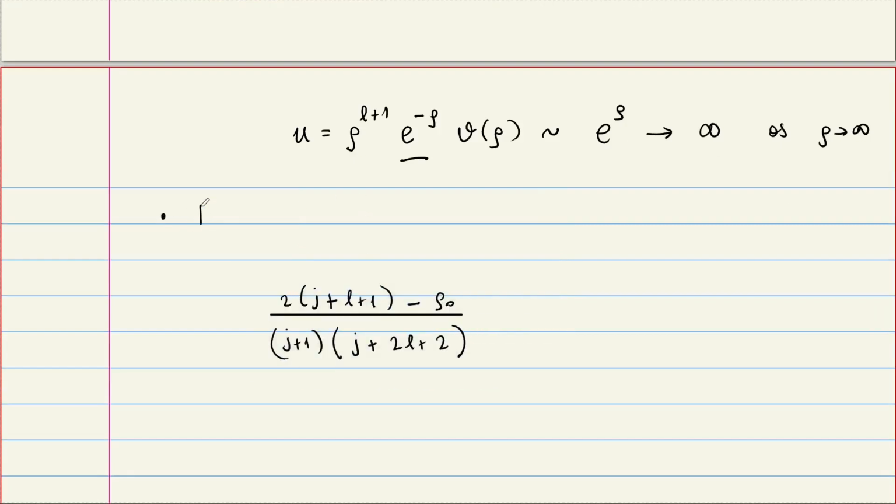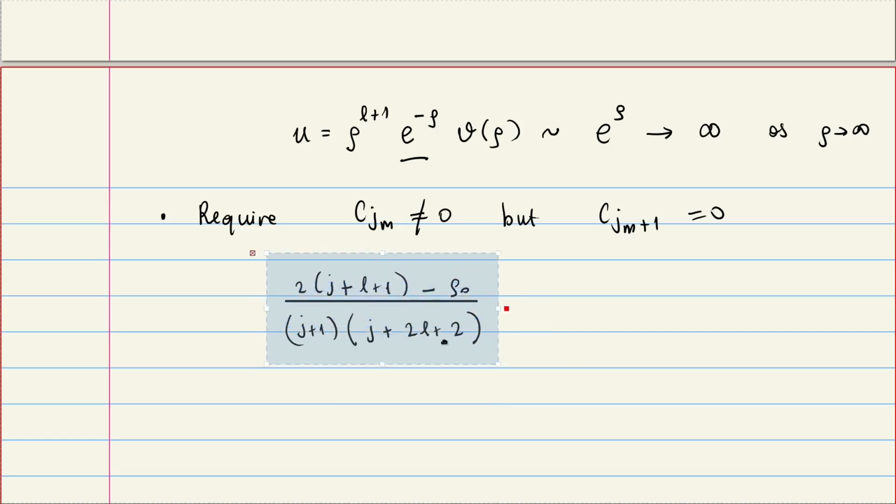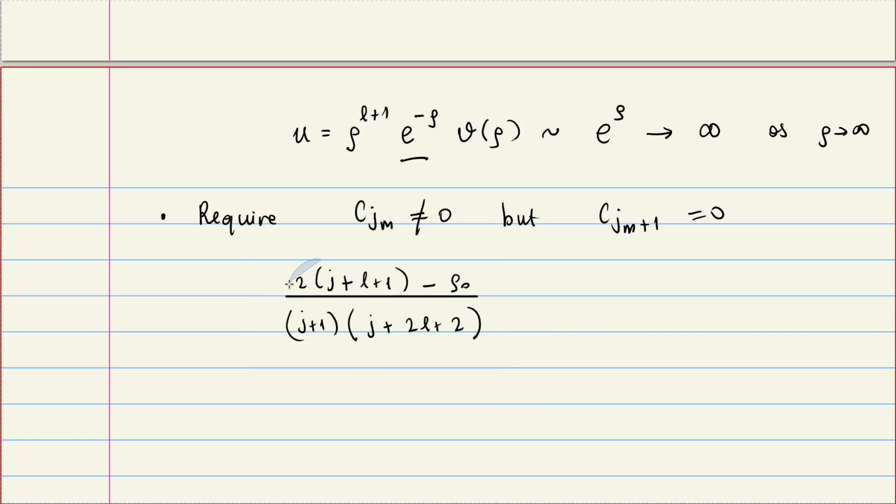So let's put this here. Require C Jm non-zero. So this is the maximum coefficient of the expansion, but C Jm plus 1 to be 0. That means if I put here in that equation, whenever I see j, I need to put Jm.